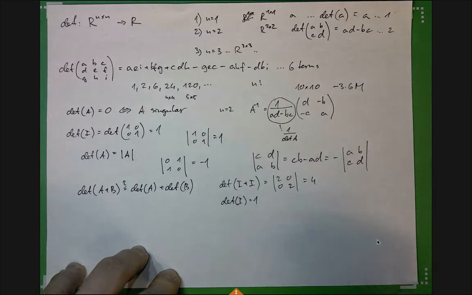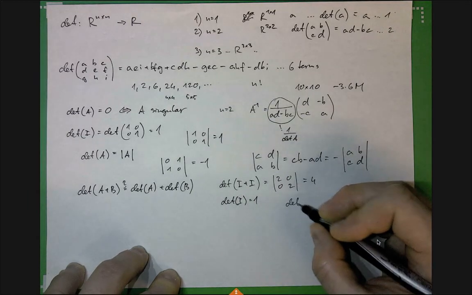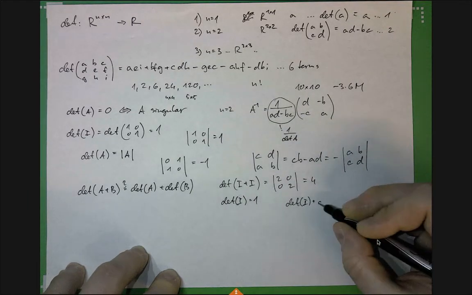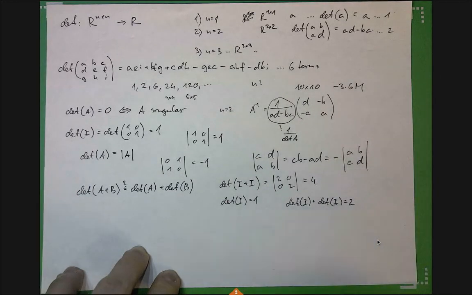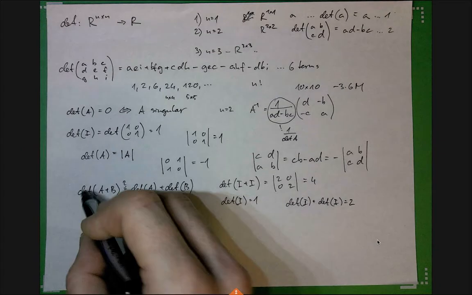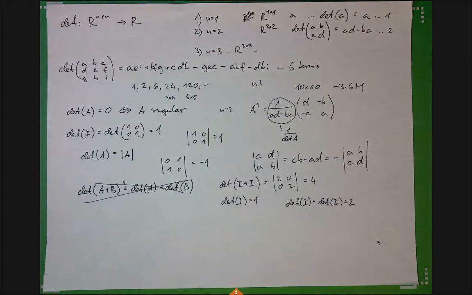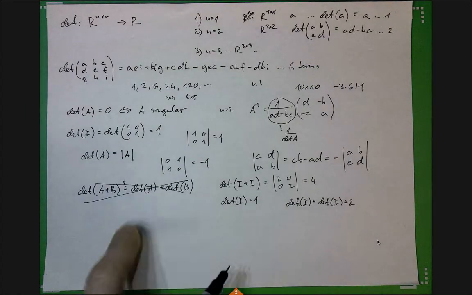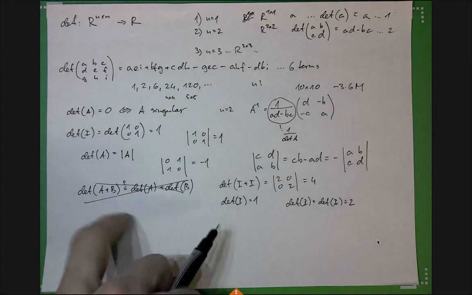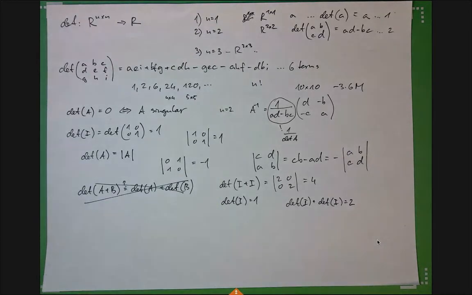So clearly this is not true, because the determinant of I plus the determinant of I is just 2, and that's certainly not equal to 4, right? So this is absolutely not true, already for the 2 by 2 case. So there is no free lunch, or whatever you like to eat. This is not so easy. The determinant is not a linear mapping.